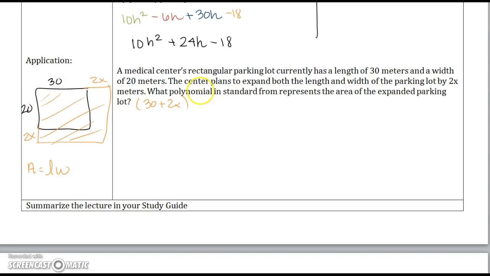So this is the length times the width, which is 20 plus 2x. Whichever method you like, distributive property, box method, or FOIL, do it right now to simplify this expression. Then you can check your answer with me. I get 4x squared plus 100x plus 600. Make sure you can do it to get this answer. If you do, then you're all good.